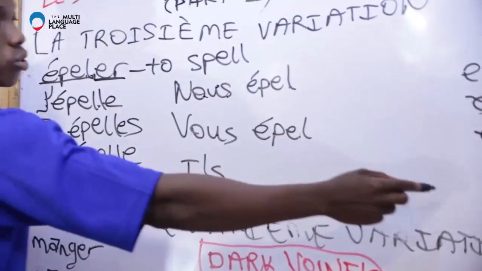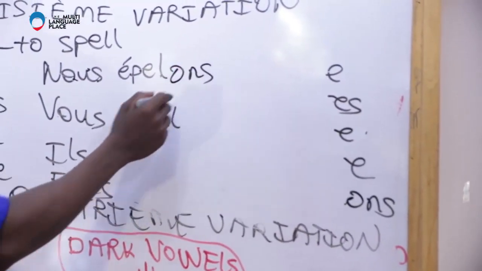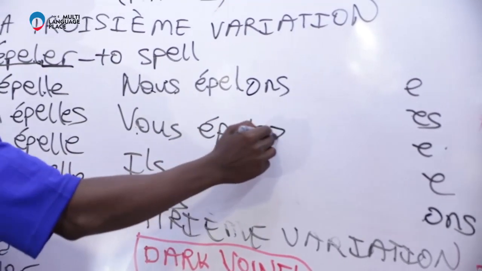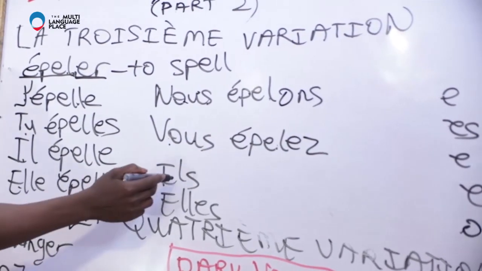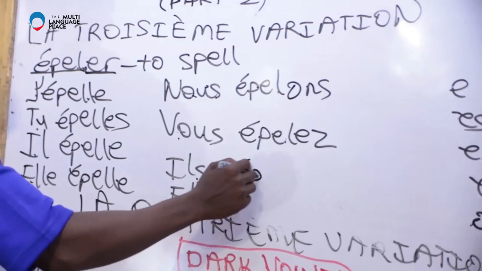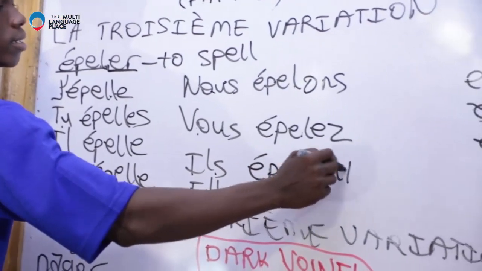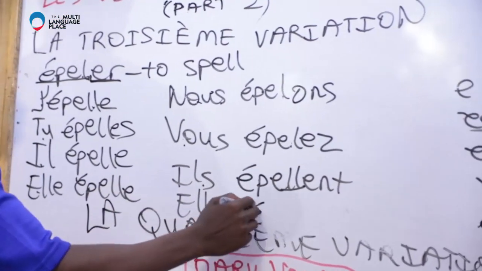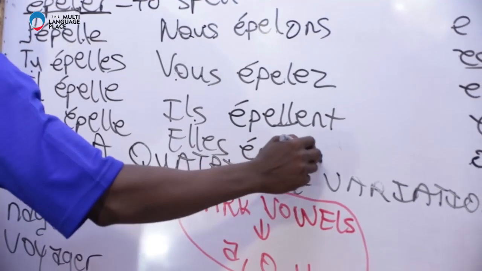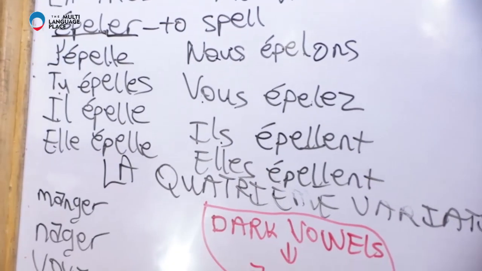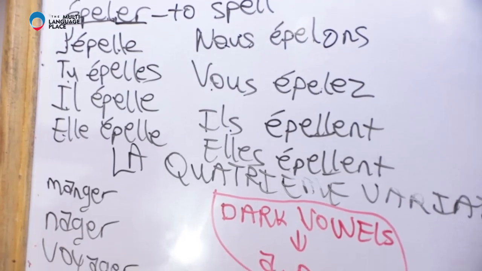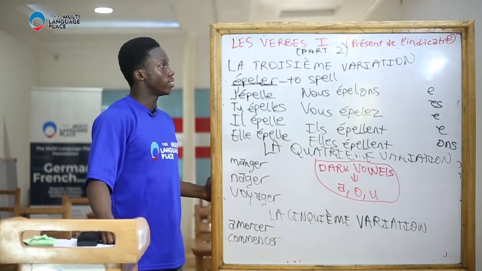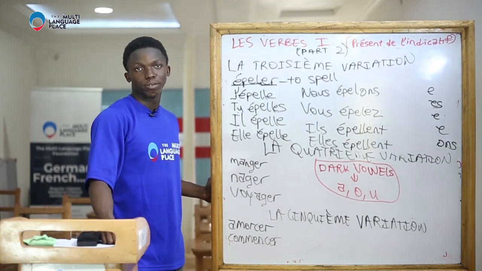So, nous épelons, vous épelez, ça va? Then il, you double it. Elle, you double it. Très bien. So that is the third variation.